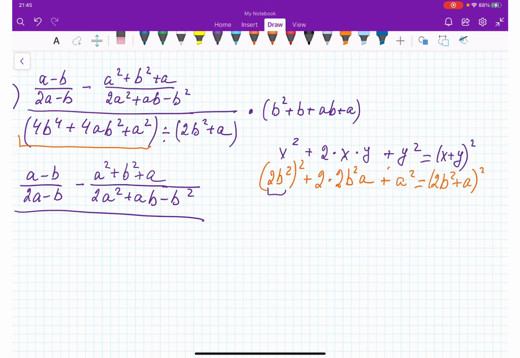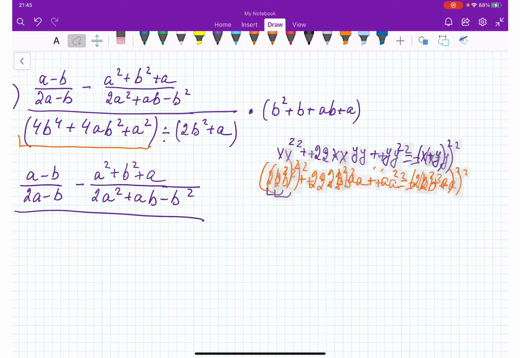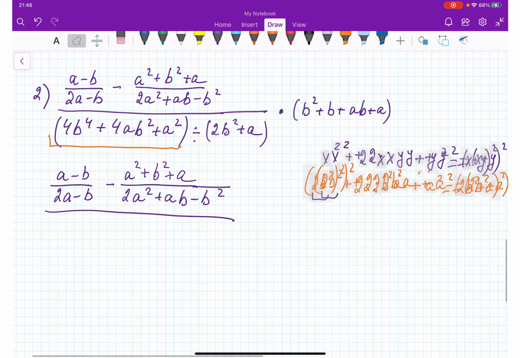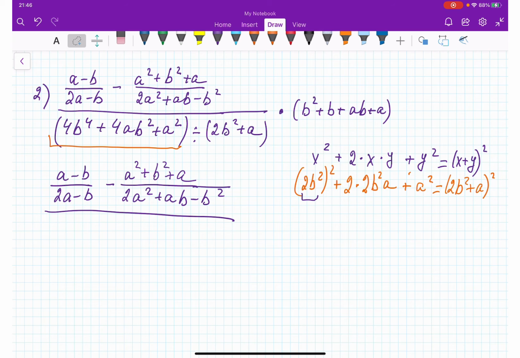Let me write it down more combined so we can use it. There we go. So from here, this 4b to the 4 plus 4ab squared plus a squared, I'm writing down (2b squared plus a) squared, and we divide by 2b squared plus a.